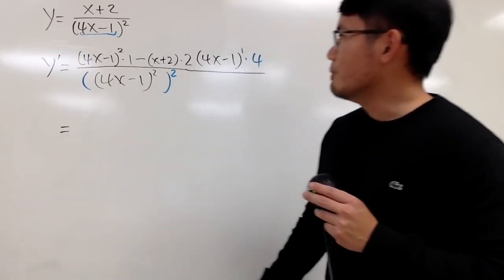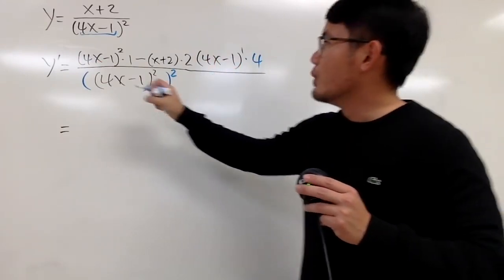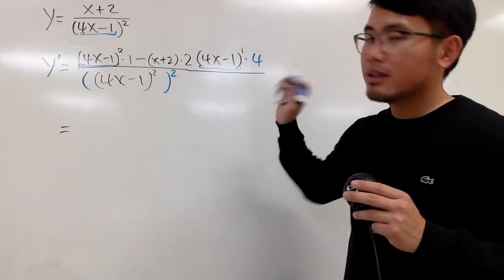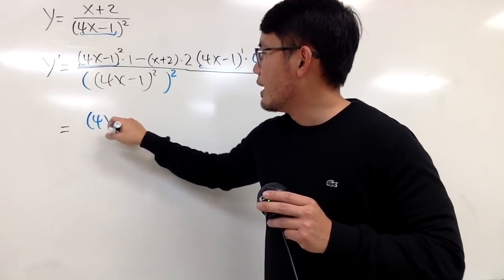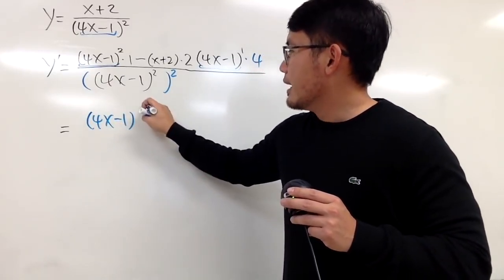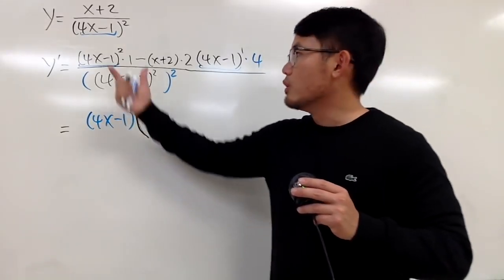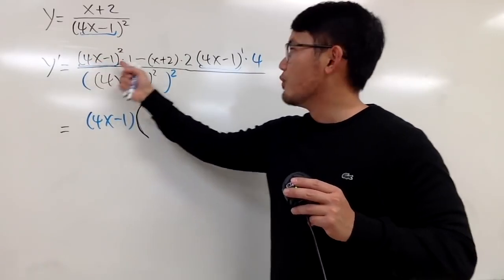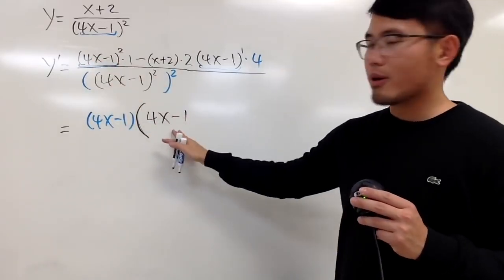Well, to do so, notice that this and that, we have a common factor. We can factor out one of the 4x minus 1. So let's do that on the top. Let me put that all the way in the front. 4x minus 1. And then we are going to end up with, well, for this term, we factored out one of this, so we have just 4x minus 1 left right here.